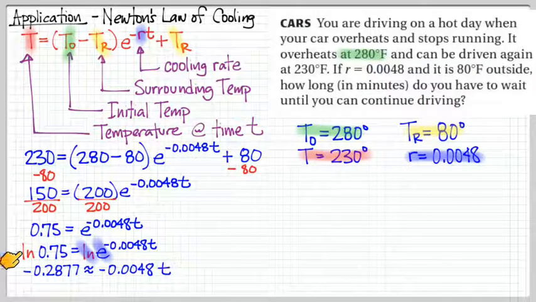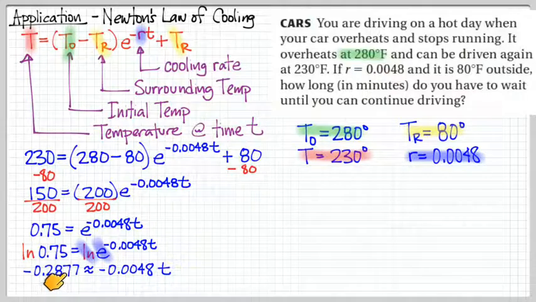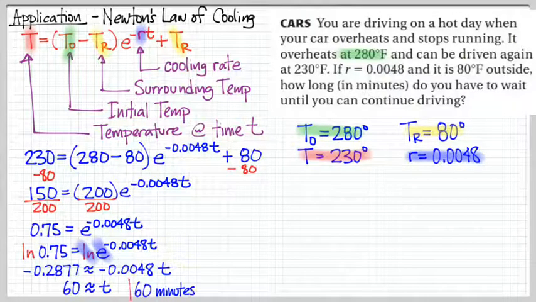We plugged natural log 0.75 into a calculator, and it gives us negative 0.2877. We divide by 0.0048, and we get t is equal to 60, so about 60 minutes. So that's how we can apply this whole concept of solving exponential functions using Newton's law of cooling.